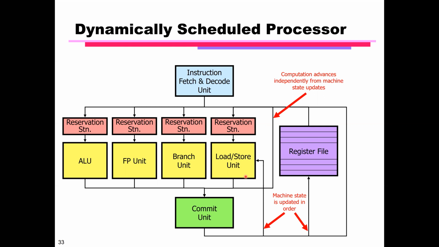There is the path of execution: use whatever you can as fast as you can and ignore the order of the instructions and all these little details. And on the other side, I need to lie so that if someone comes and looks at my registers, they find them in good state. This unit here is going to put the information in order into the register file to help in that situation.